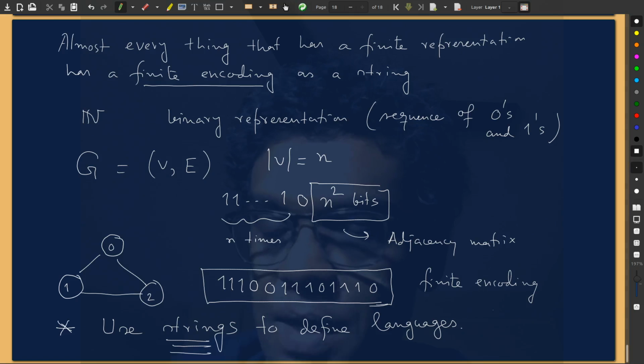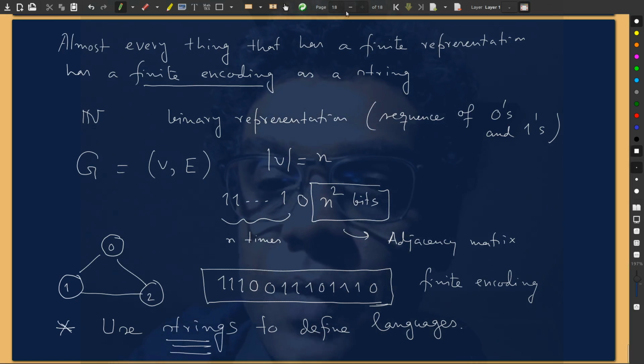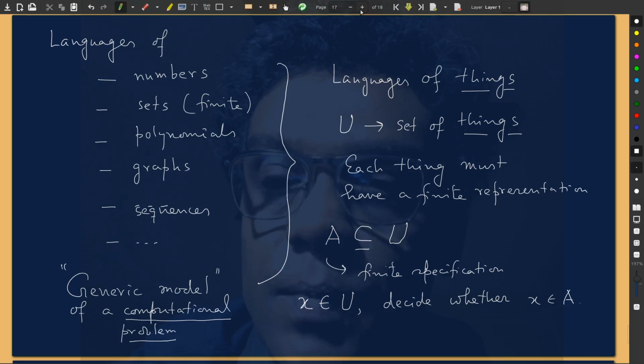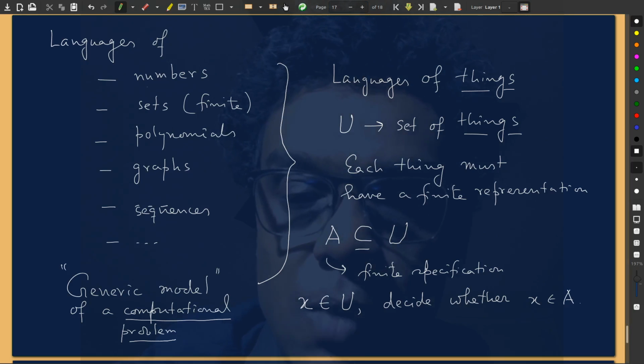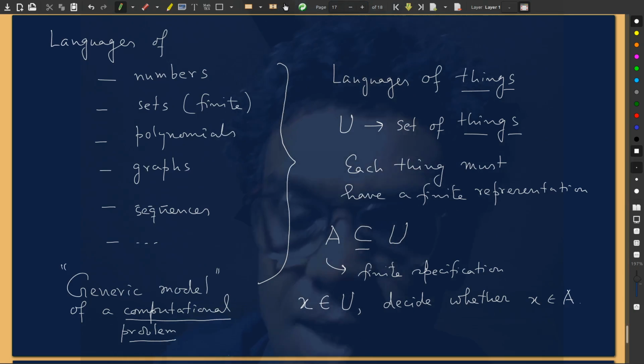This essentially means, if I go to the previous slide, I don't need to worry too much about whether it's numbers, sets, polynomials, graphs, sequences, or any other thing.